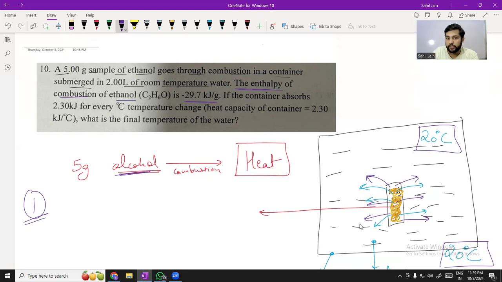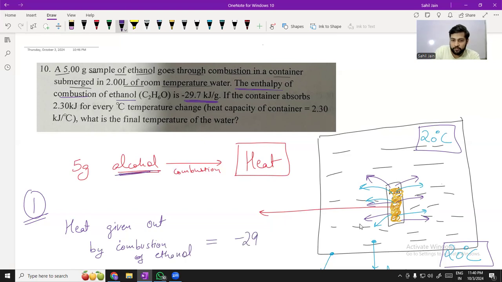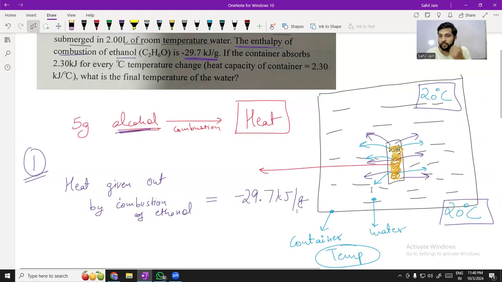It means heat given out by combustion of ethanol is equal to, with a negative sign we write this. See, whenever heat is getting evolved by the system, heat is getting out of the system, we put a negative sign over it. So the vessel is giving out heat, so it gets a negative sign.